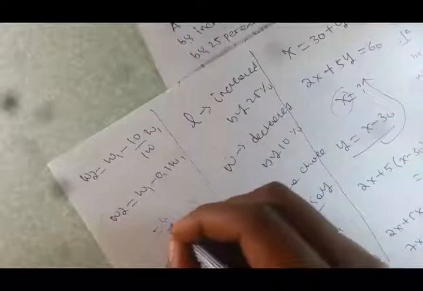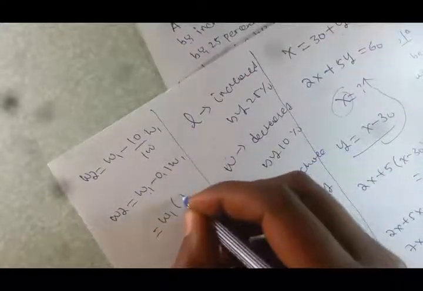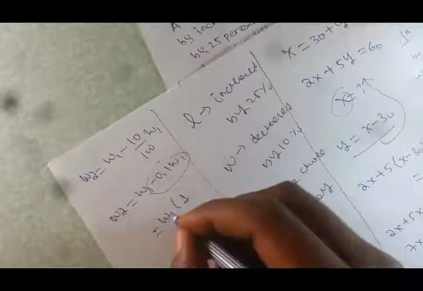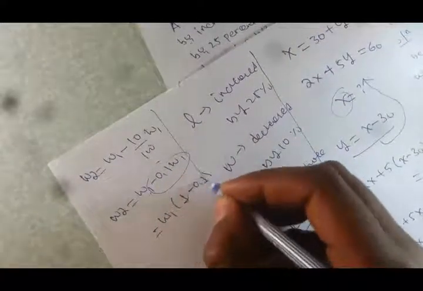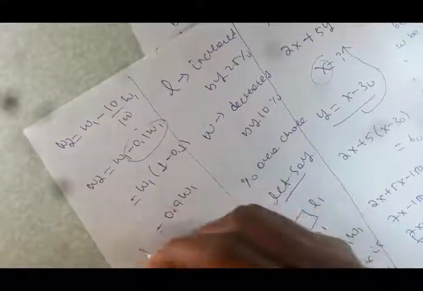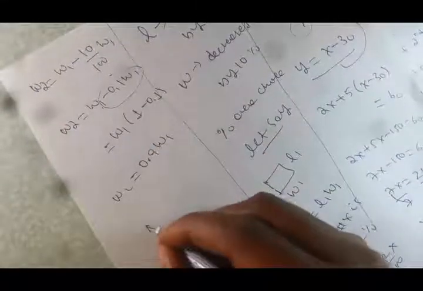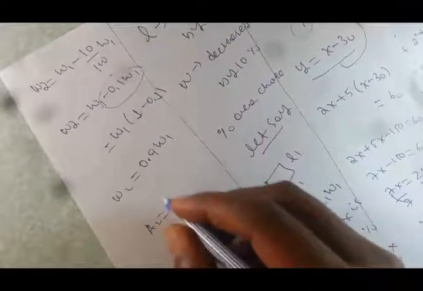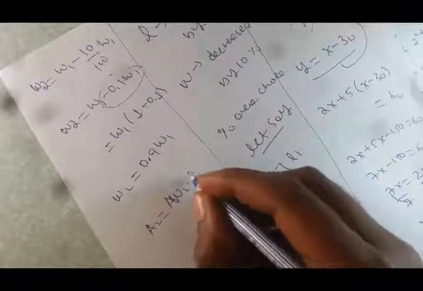When we take w1 as a common factor, 1 will be left, and minus 0.1 will be left. This is equal to 0.9 times w1. This is w2.